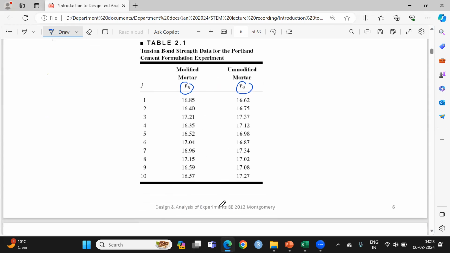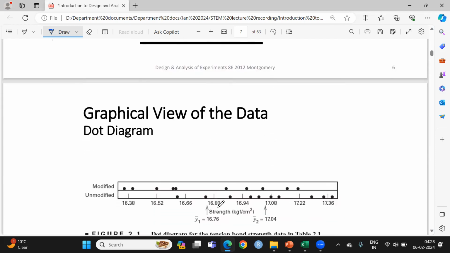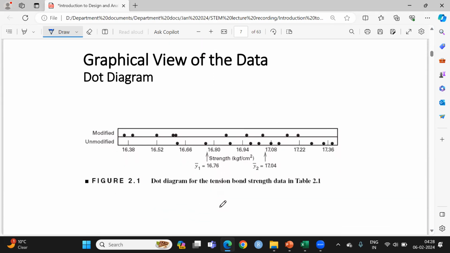Okay. So now, if you want to see from the observations how they deviate from each other, we have a very simple diagram called a dot plot, in which you can compare the observations corresponding to these two factors simultaneously.